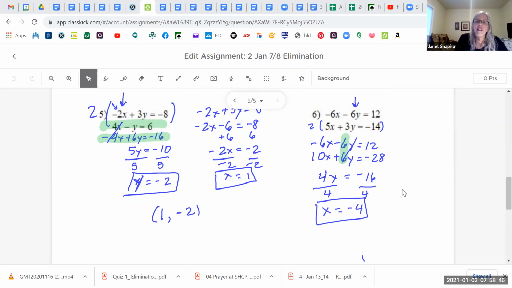And then I go ahead and substitute in either equation. So I'll take the second one. 5x plus 3y equals -14. And now I'm going to substitute that x is -4. So 5 times -4 is -20. I'm going to add 20 to both sides.